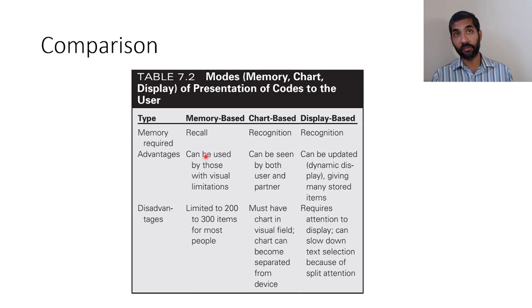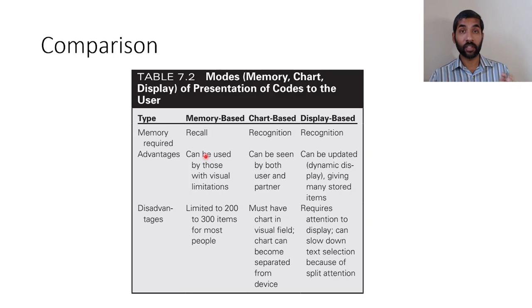But if you have a chart, then people can actually see it. It's not just that the person can see it, but also the other person who is trying to decipher what this person is trying to say can also see it, and they both can communicate.